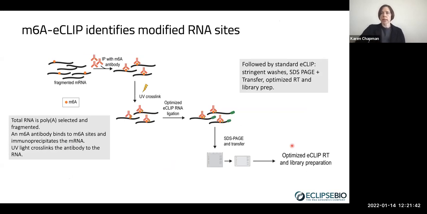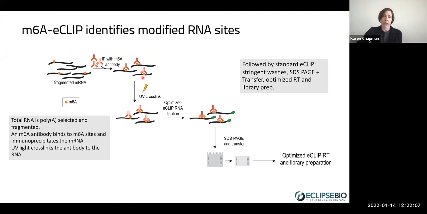So this is a look at the M6A protocol, and it's basically a variation on the theme of eCLIP, except that the RNA is first isolated from the cell. So this is RNA that's been purified, and it is IP'd with an antibody that really specifically recognizes that M6A modification.